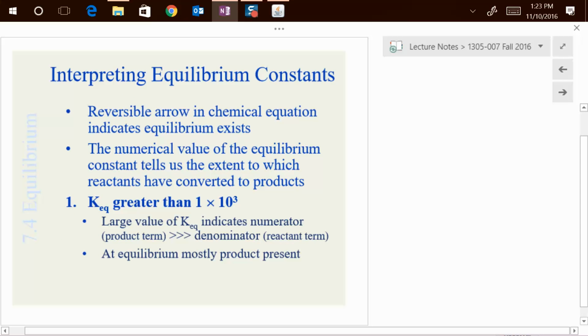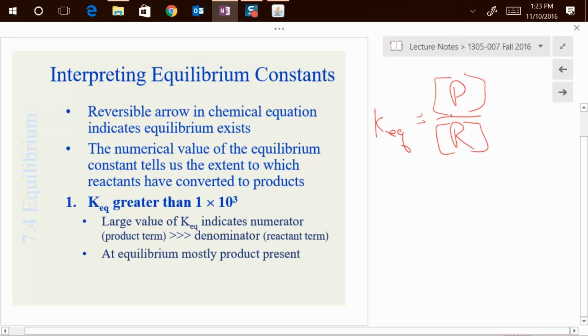All right, so what does an equilibrium constant tell me? It tells me which is greater, products or reactants. During the equilibrium, what do I have more of? Do I have more product or do I have more reactant? Larger values of KEQ indicate the numerator is greater than the denominator. So remember, KEQ is equal to products over reactants, right?